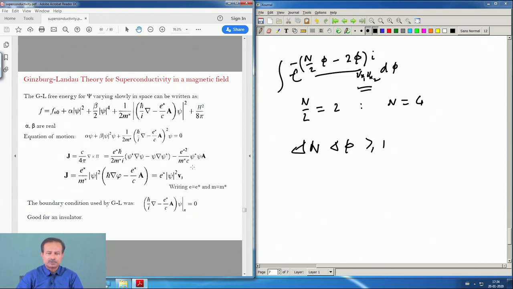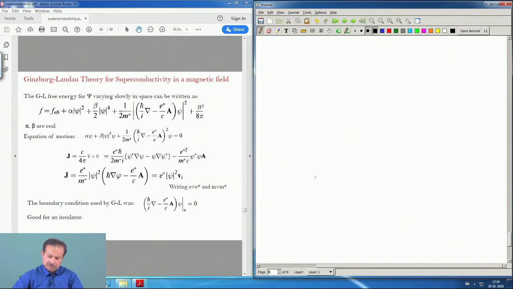We do not approach that problem from microscopic theory. For that, an approach based on Ginzburg-Landau theory is the best approach to follow, and that is what we will start now. So, our aim now is a bit different.